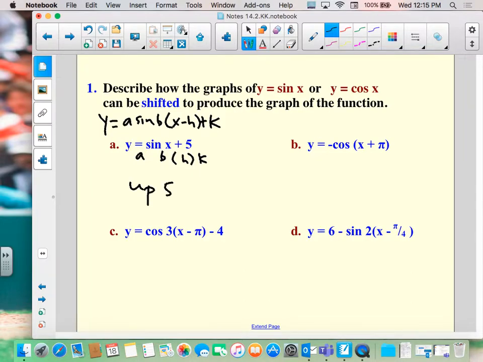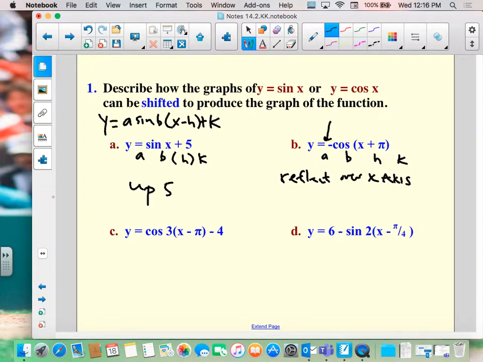We move to letter b. In this problem, a is negative 1. b is still 1. H is in parentheses, so it's a plus h, and k would be outside, and there is no k. So in this problem, we've got a reflection over the x-axis. That's where that negative comes in.